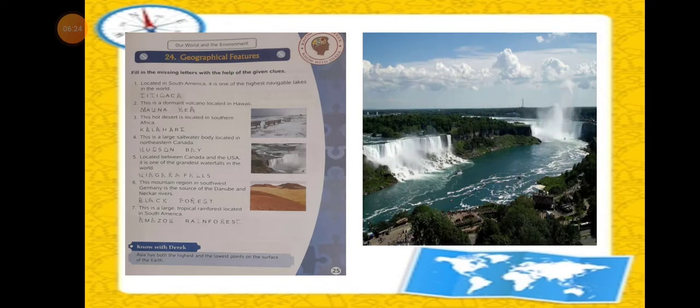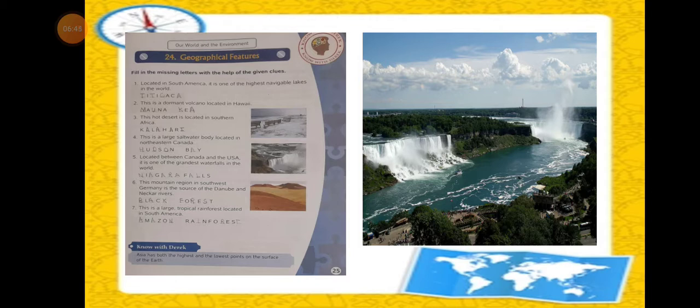So it is Niagara Falls, and you can see the beauty out here in the picture. It is very very beautiful, so that is why it is considered the grandest waterfall in the whole world. You can see how beautiful it is. This is Niagara Falls.